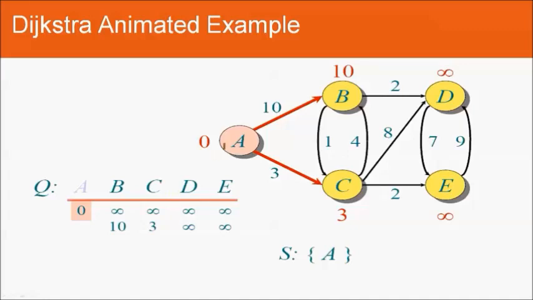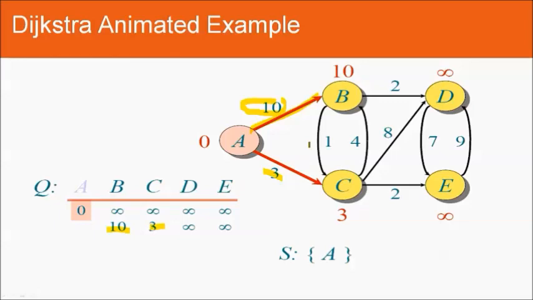From vertex A going to vertex B, it has a weight of 10. That's why we have a 10 here. Next, from vertex A to vertex C, this edge has a weight of 3. That's why we have 3 here.